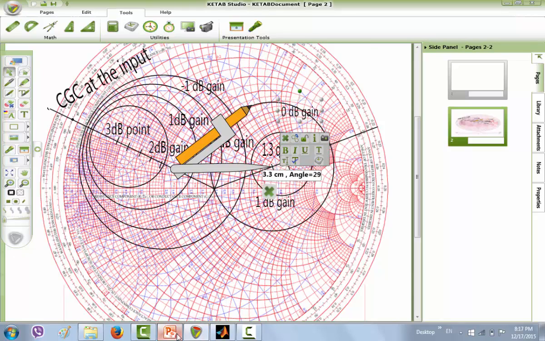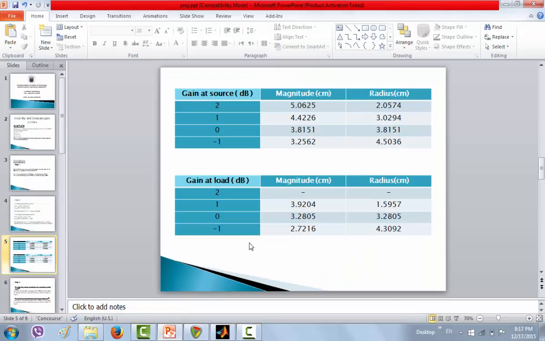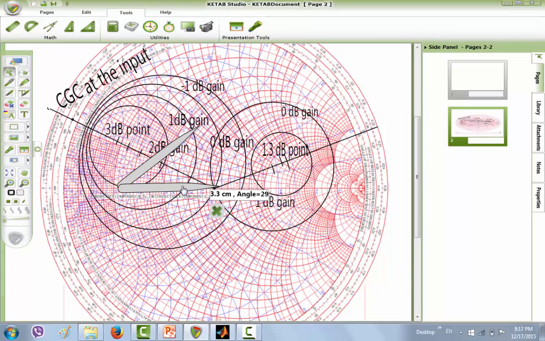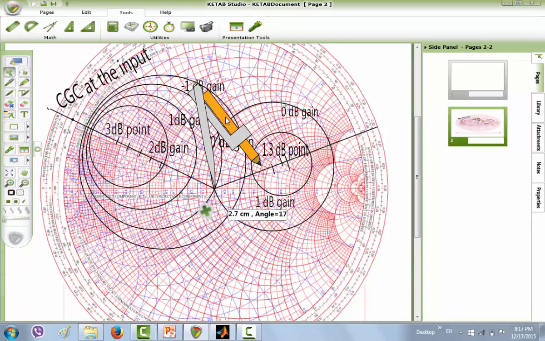Now for the last one, which is the minus 1 dB, the center is at 2.7. So back to the origin, and 2.7. This is the center.